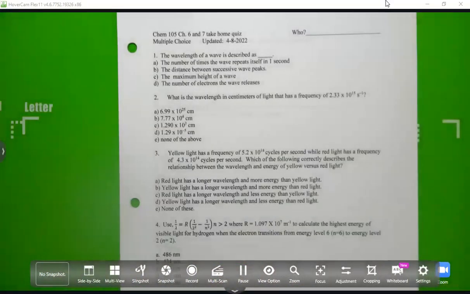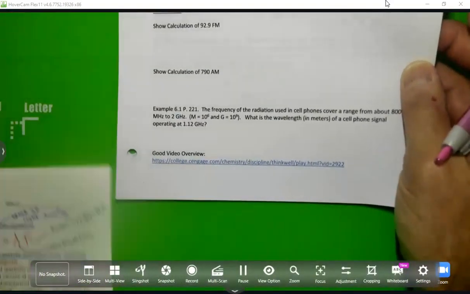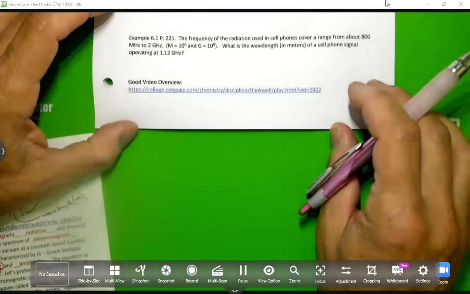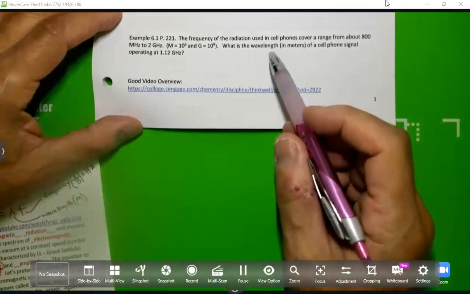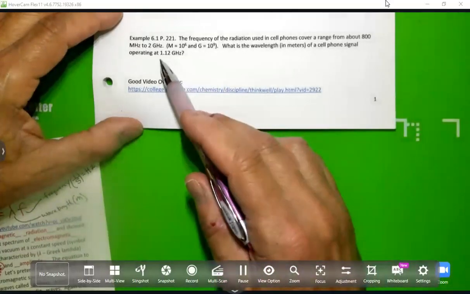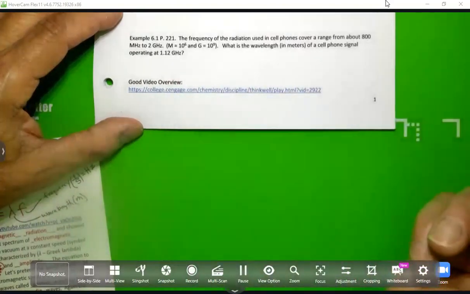So we're going to go right into a calculation here at the bottom of this page. The frequency of the radiation used in cell phones covers a range of about 800 megahertz to 2 gigahertz.